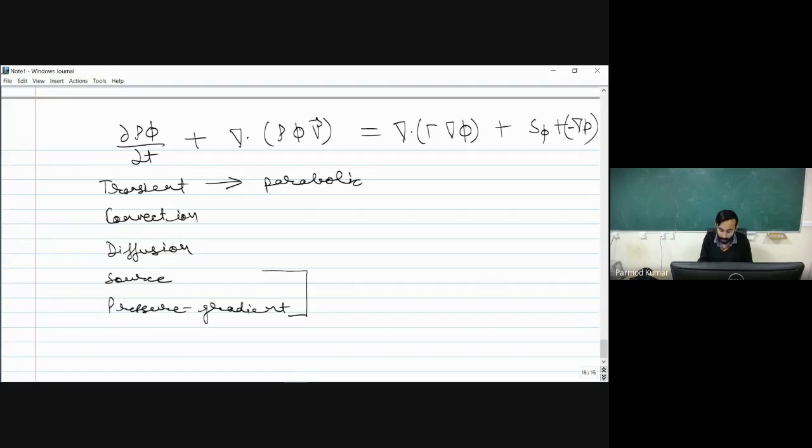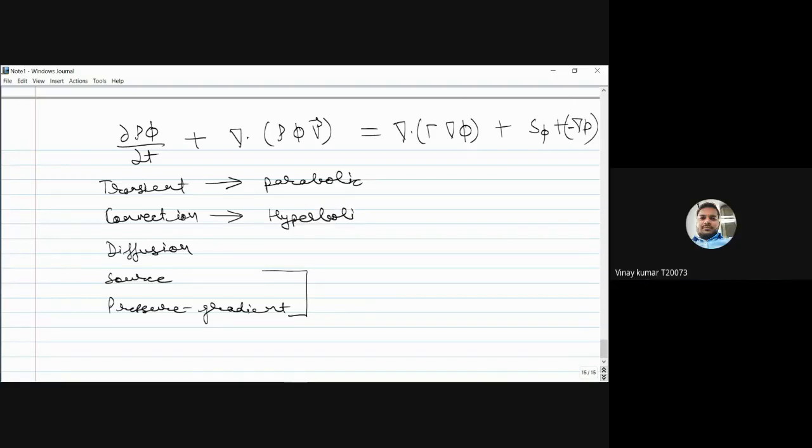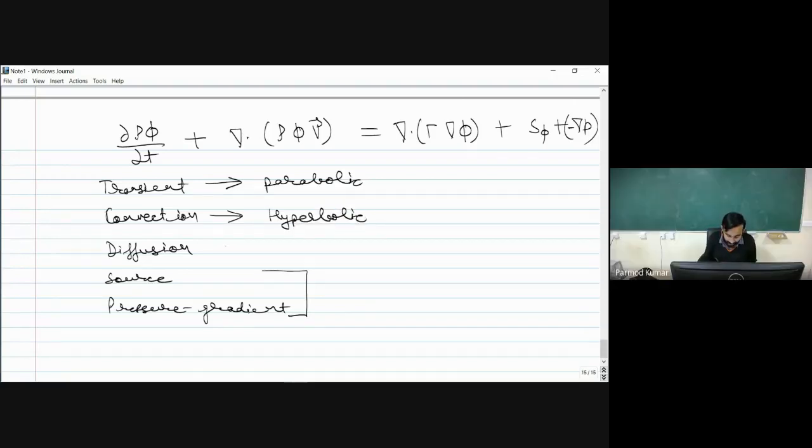When we have the convection term, we have seen that the nature is always hyperbolic. And when we have the diffusion term, we will have elliptic nature.